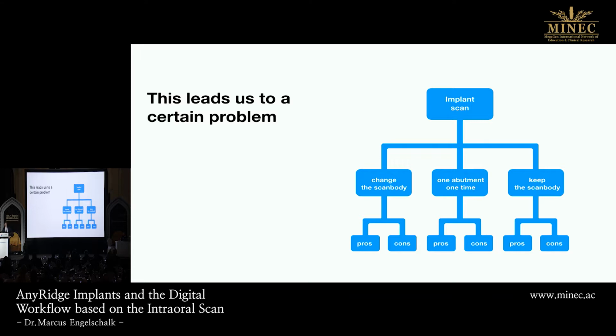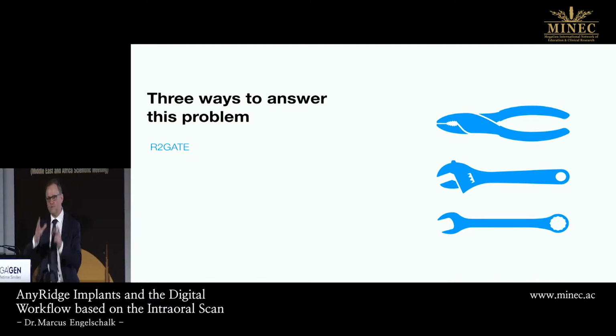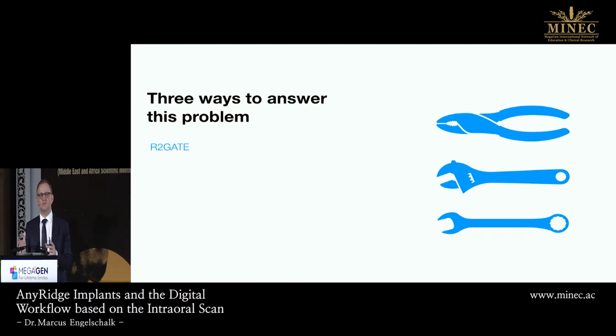You're working. So I want to give you 3 answers, not only questions. 3 answers to this problem or to this question. The first answer would be R2 gate. We had an incredible lecture by Dr. Kim to see what you can plan right before your first incision, right before you put the implant into the bone.